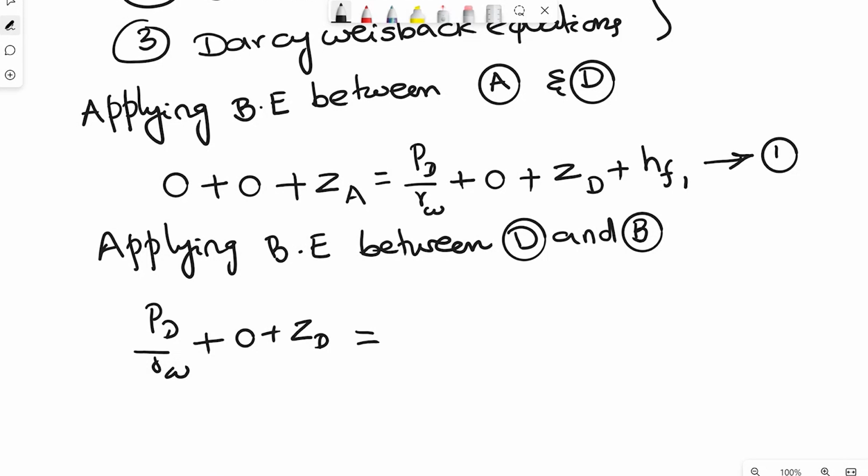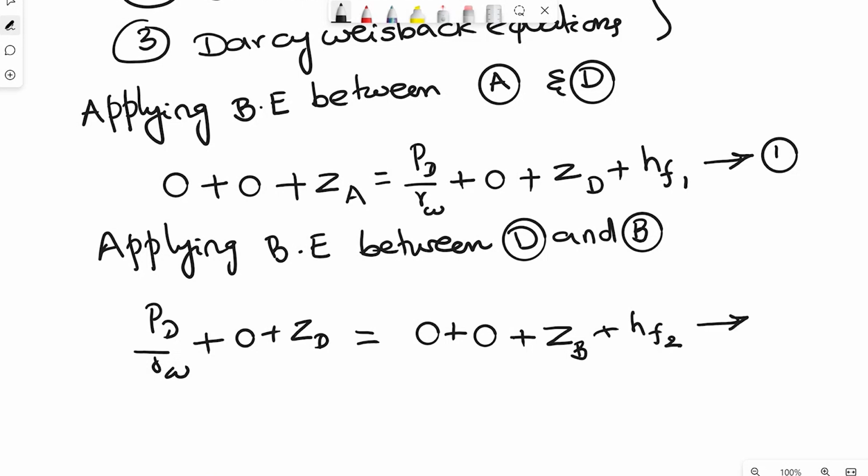Then I go to B. At B, again atmospheric pressure in the tank. Again the velocity head is 0 in the tank, plus ZB plus HF2.